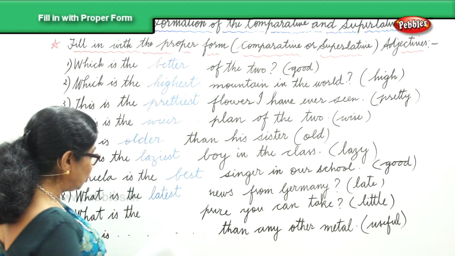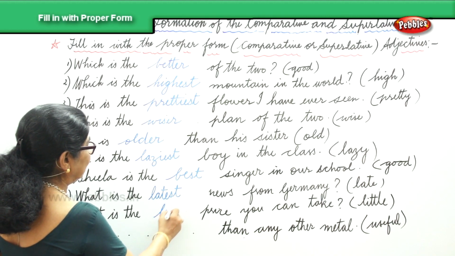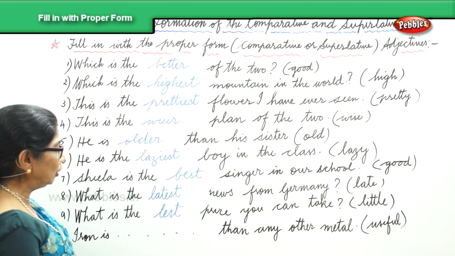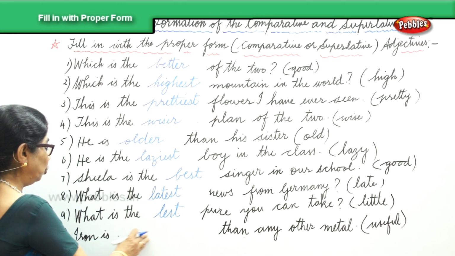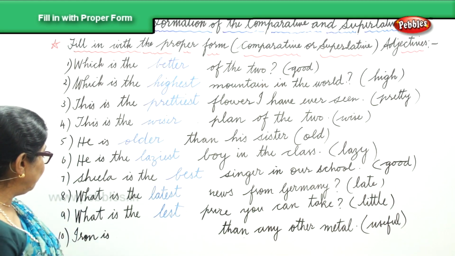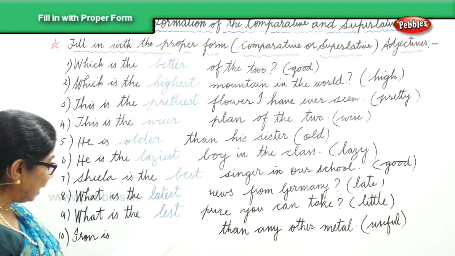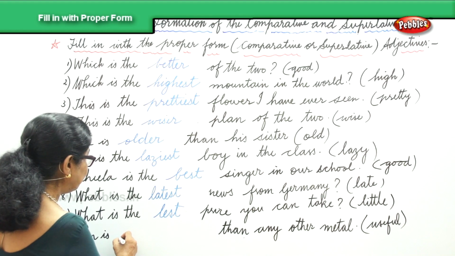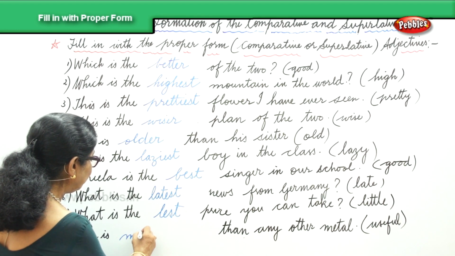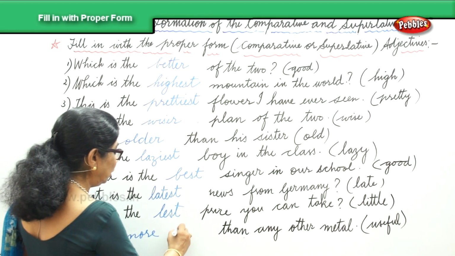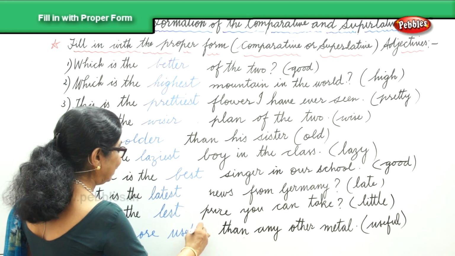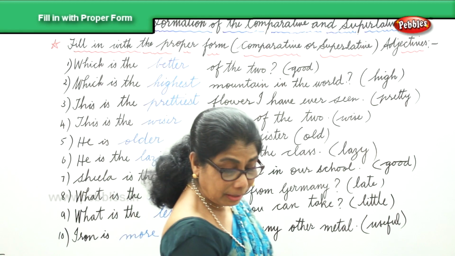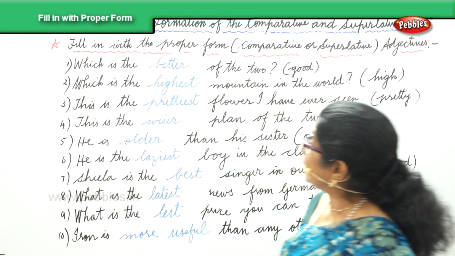What is the least price you can take? And finally, useful, more useful, most useful. Iron is more useful than any other metal.